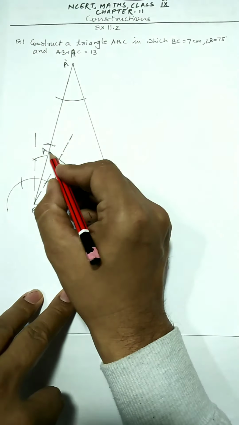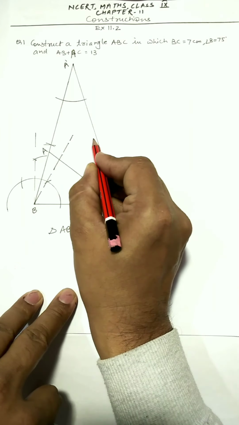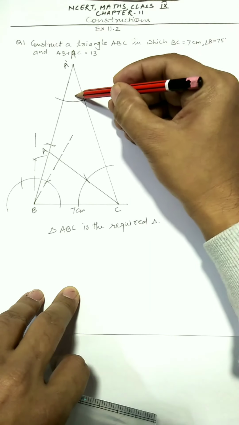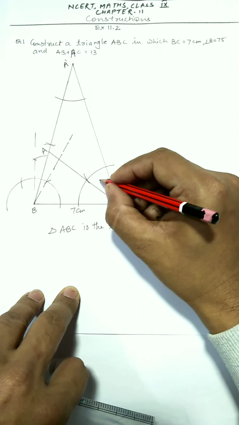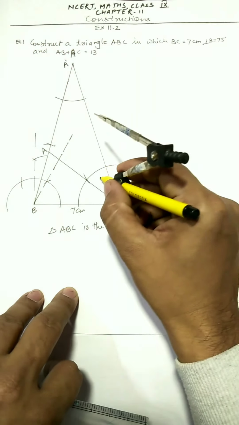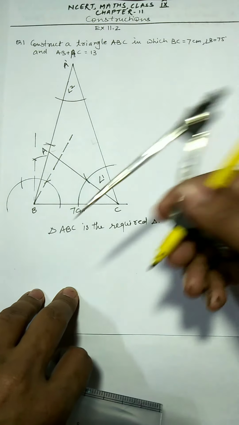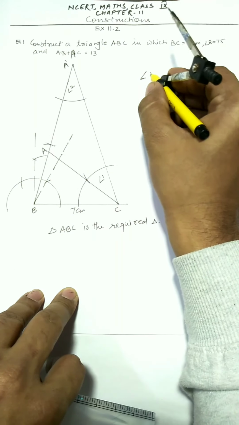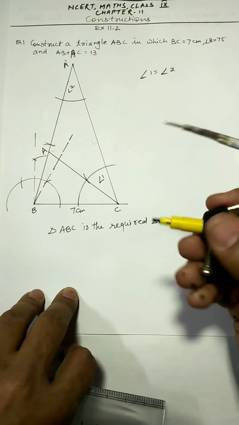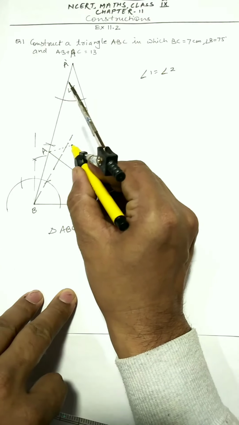Now a small construction I'm doing: I'm drawing a perpendicular bisector from this point, because you can see this angle and this angle. I'm marking this angle as 1, this angle as 1, and this angle as 2. So you can see that angle 1 is equal to angle 2, and these are by construction.